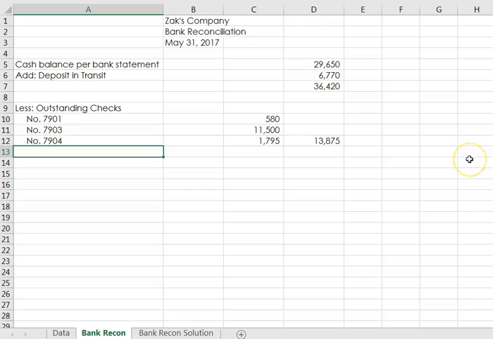Since these are all the items that affect the bank balance, I total the adjusted cash balance per bank, which is $22,545.